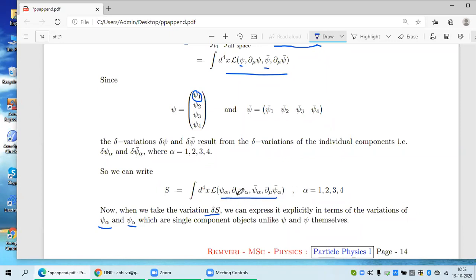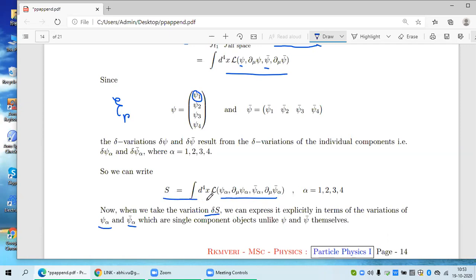The mu index is a Lorentz index, because a Lorentz index is associated with the Lorentz coordinate transformation. But the alpha index is just counting these four elements, so there is no meaning of alpha up and down. I will always put alpha as a subscript index like chi R as I have written. This R is just a counting index for the number of components here. Clear?